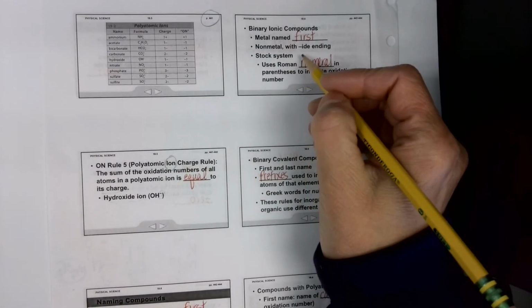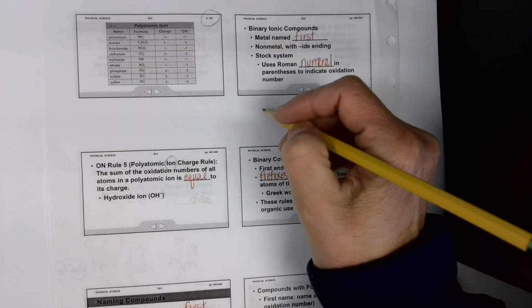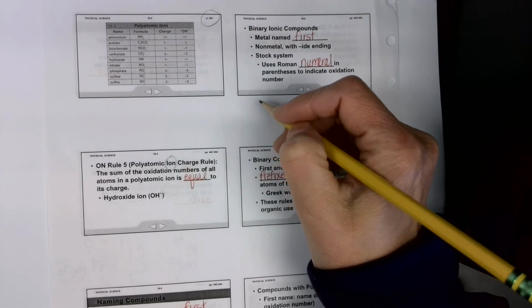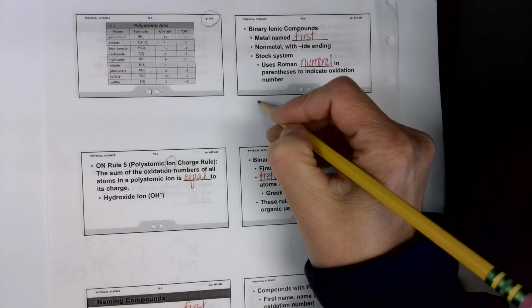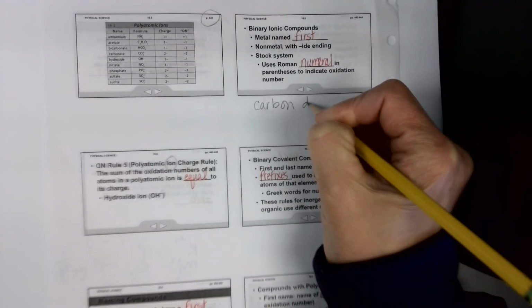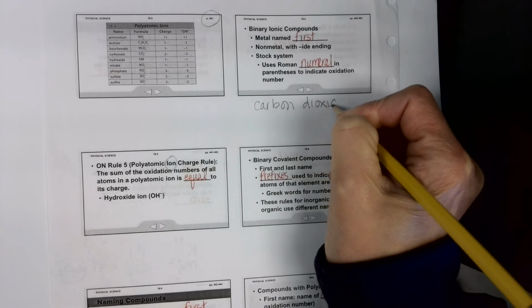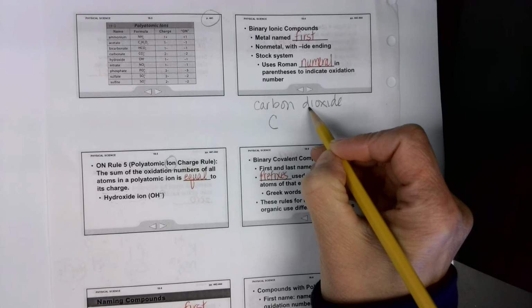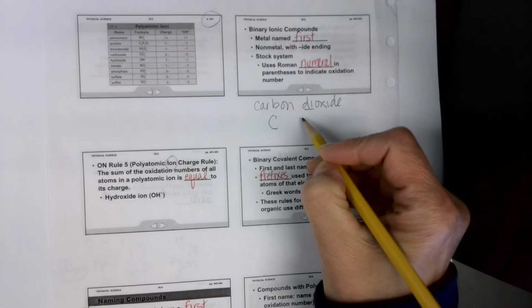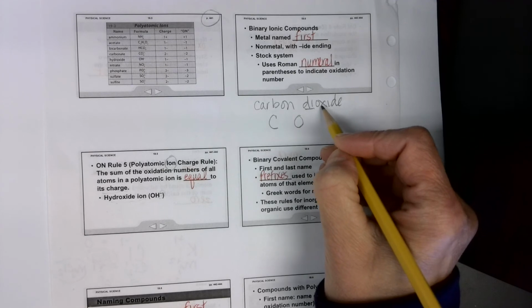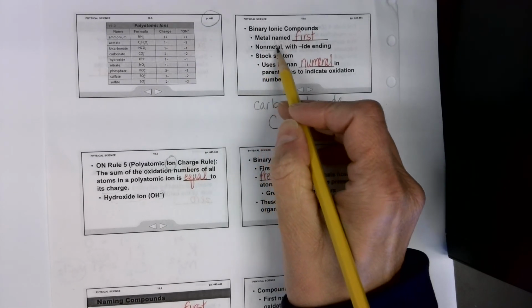So what we're going to do is take, let's see, carbon dioxide, for example. If we said carbon dioxide, it's going to be carbon, di means two, and oxygen means that it's the second half, right? The non-metal.